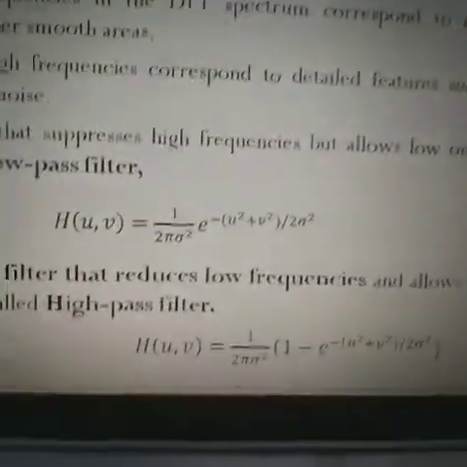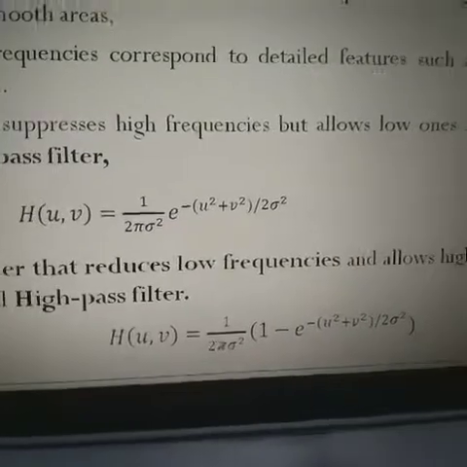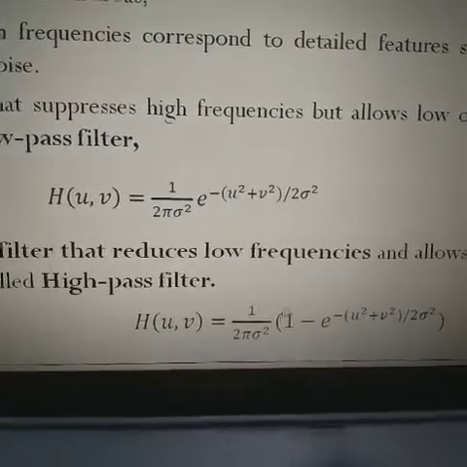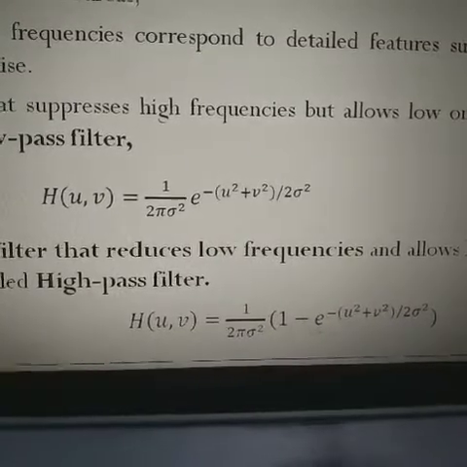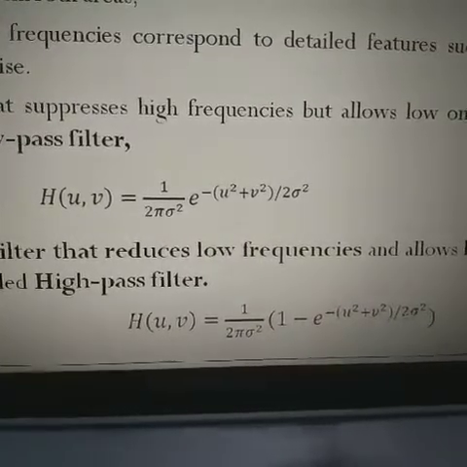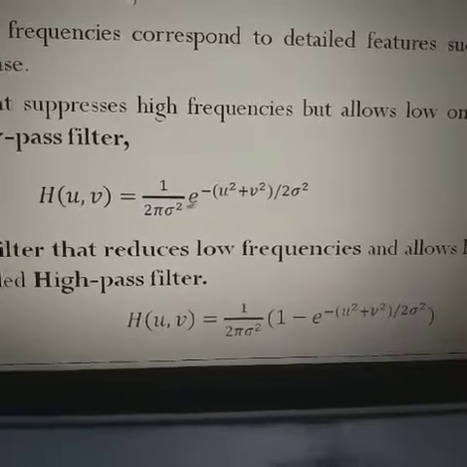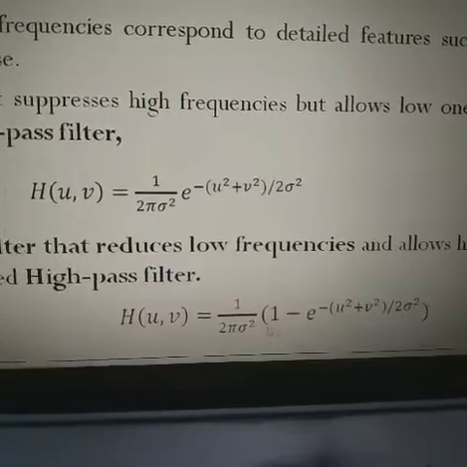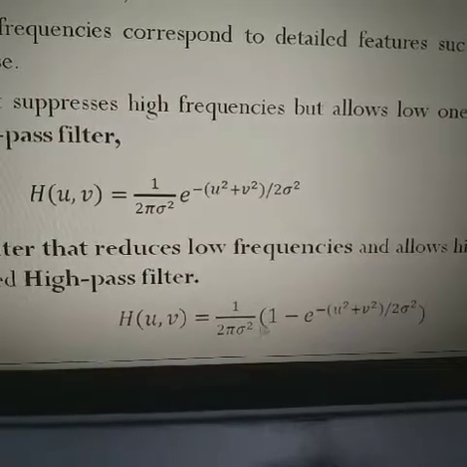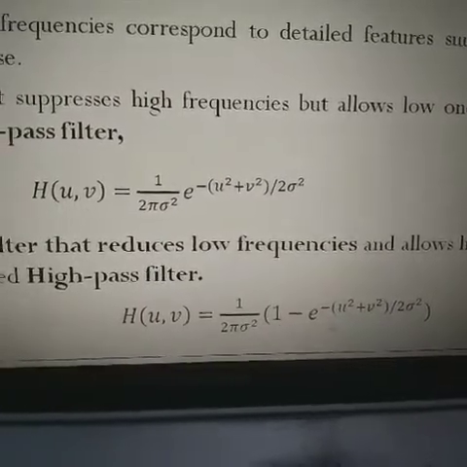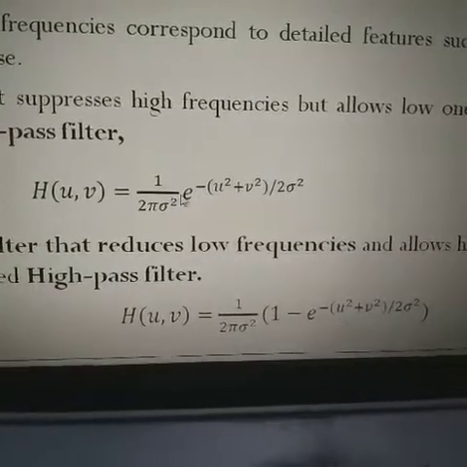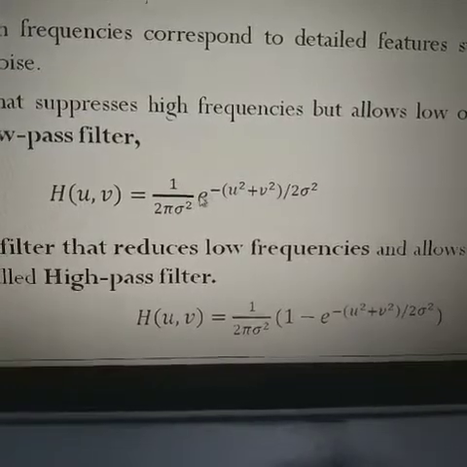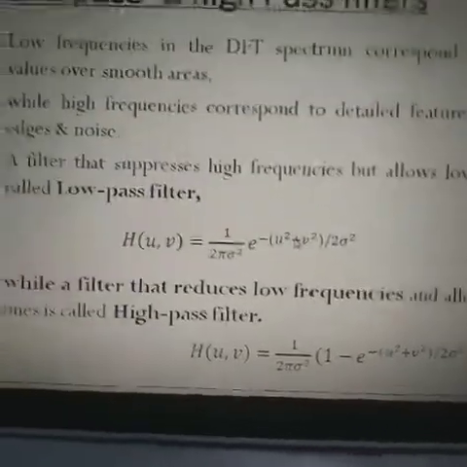This can be done by the equation: high pass filter equals 1 divided by 2 pi sigma square, into 1 minus e power (u square plus v square) divided by 2 sigma square. Here the difference is that 1 by 2 pi sigma square is multiplied by 1 minus the exponent term.